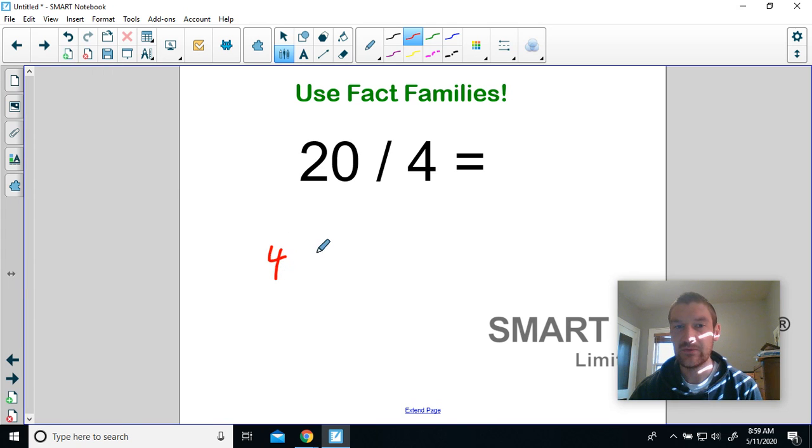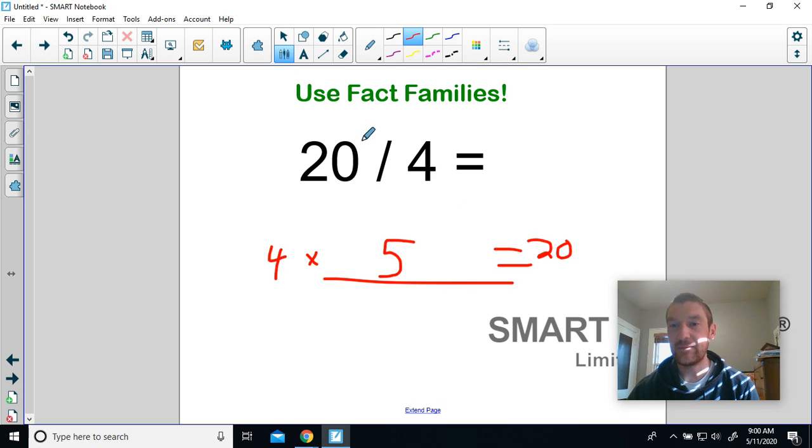Okay, so if I was trying to do 4 times something to equal 20, I know that would be 5. 4 times 5 would equal 20. So that means that 20 divided by 4 also is going to equal 5.